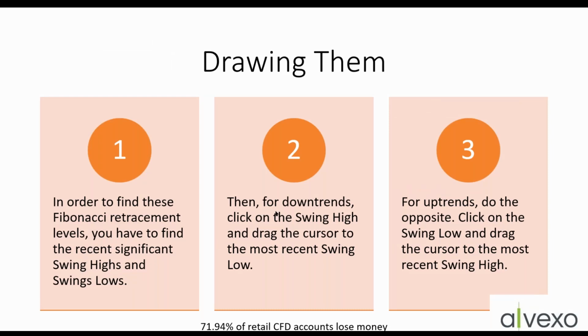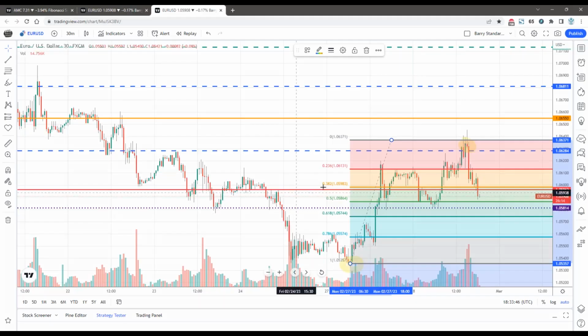Then for downtrends, you click on the swing high and drag that cursor to the most recent swing low. For uptrends, you do the opposite. You find the swing low and pull your cursor up to the swing high and then drop it on your charts. Now, let's go. So as you can see, it's beautifully dropped on my charts.